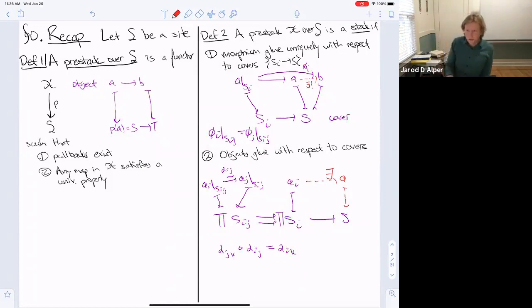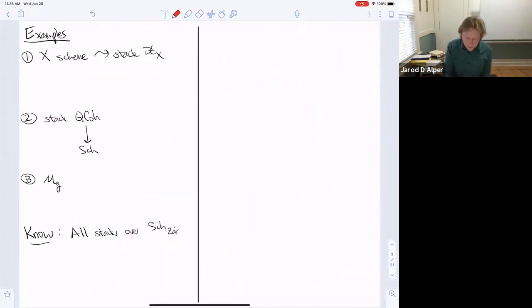We also had a few examples of these. To any scheme, we can associate a stack. In fact, to any sheaf, you can associate a stack.